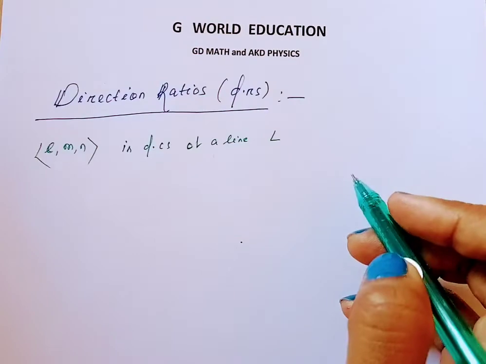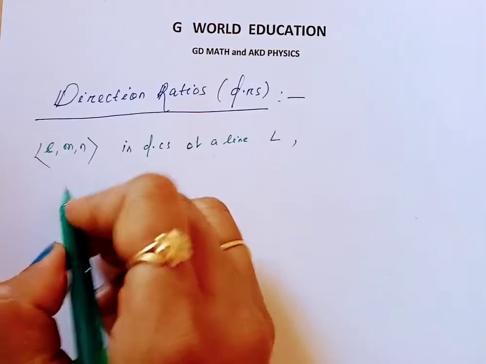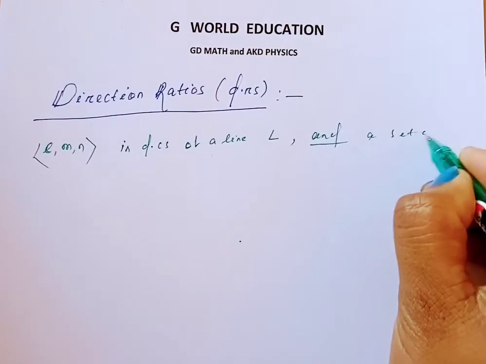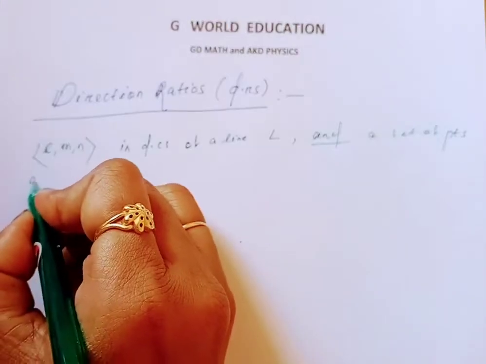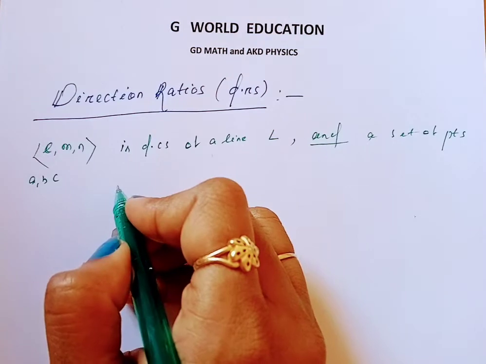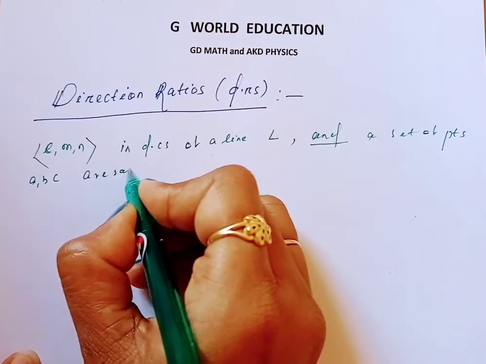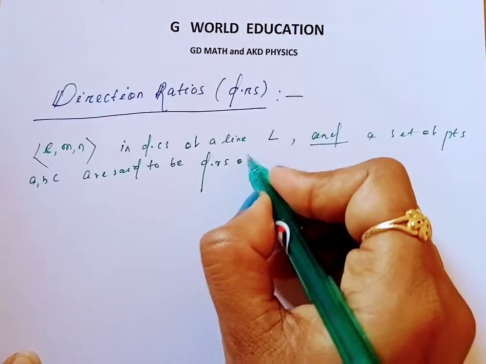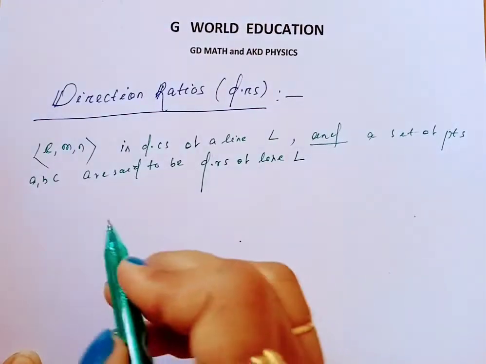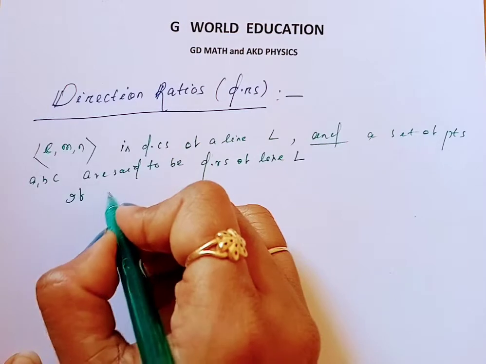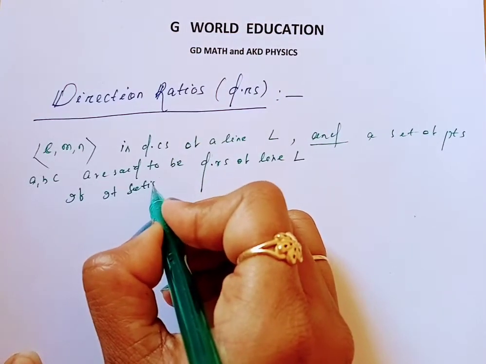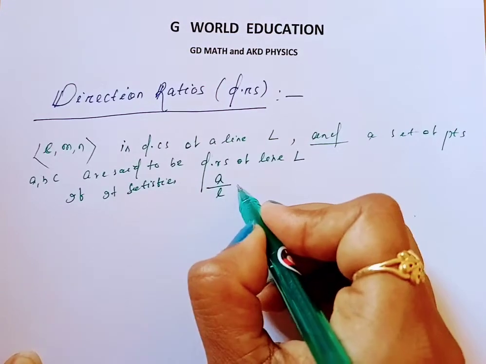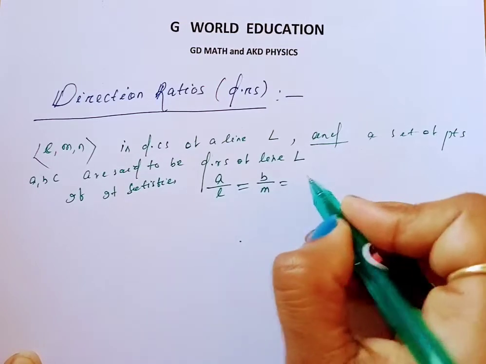Suppose a line L has direction cosines l, m, n. A set of real numbers a, b, c are said to be the direction ratios of line L if they satisfy the following condition: a by l equal to b by m equal to c by n.